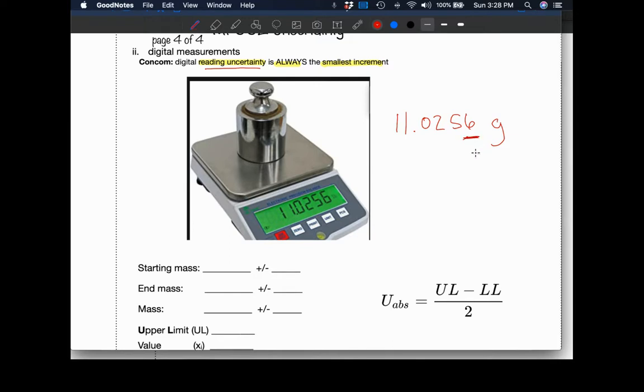The uncertainty is in the 10,000ths place. So this number has 6 significant digits. So we have a balance, and we have the ability to zero that balance. So when we zero it, the reading should be 0.